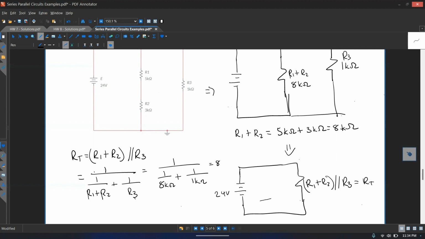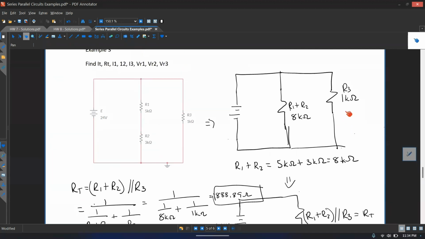So I get 88.89 ohms. And so ask yourself, does that make sense? It does, because if you look at this parallel combination right here, it is less than the smallest resistor.